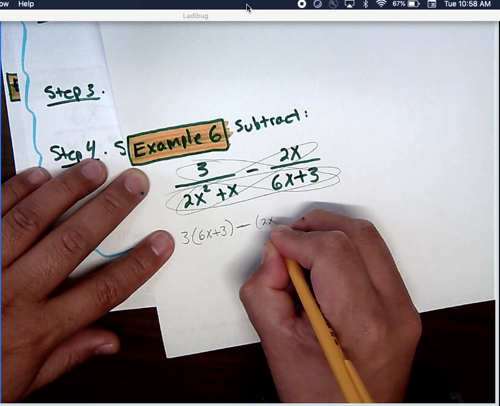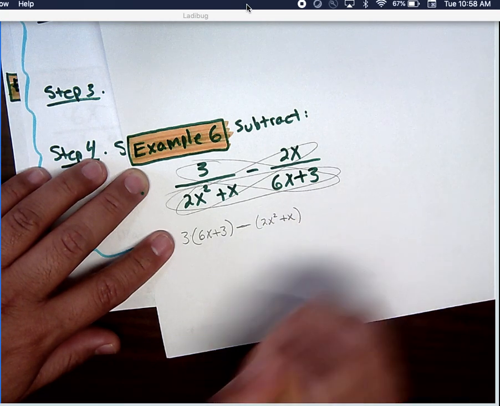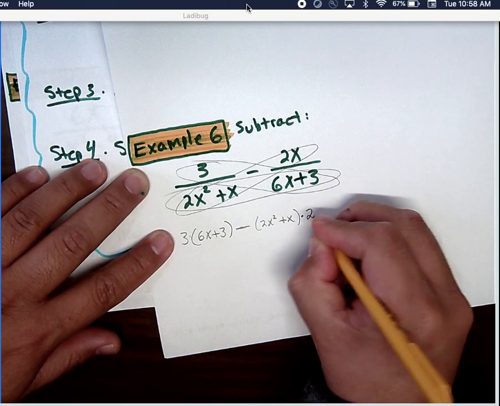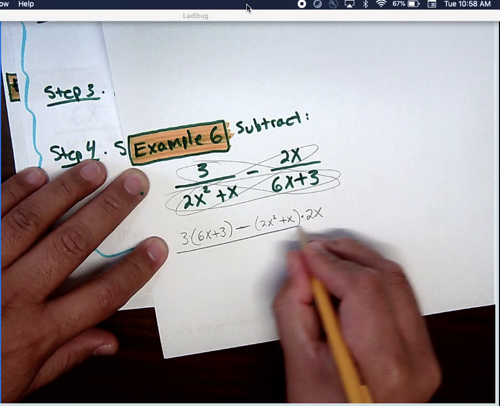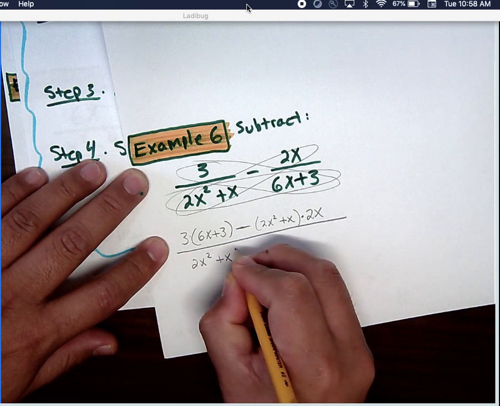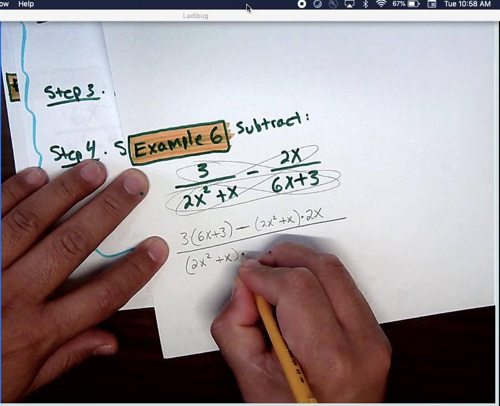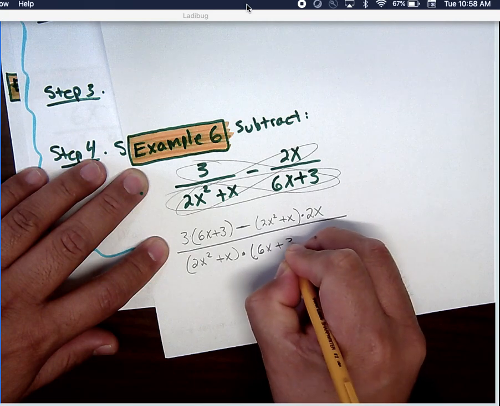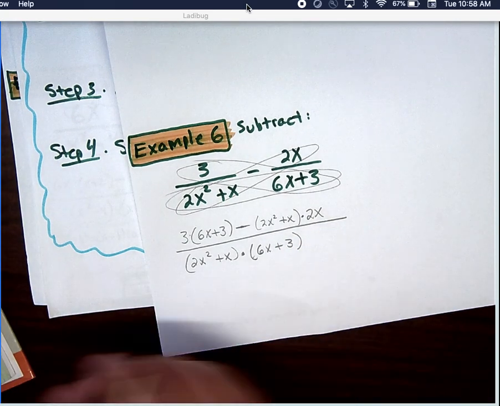So 2x squared plus x, I'm going to put it in parentheses, this part times that, 2x over 2x squared plus x times 6x plus 3.